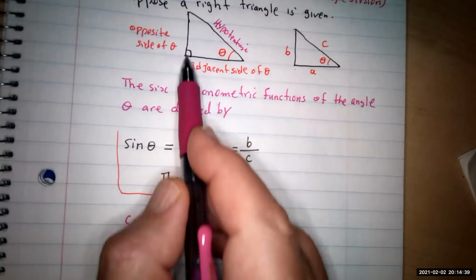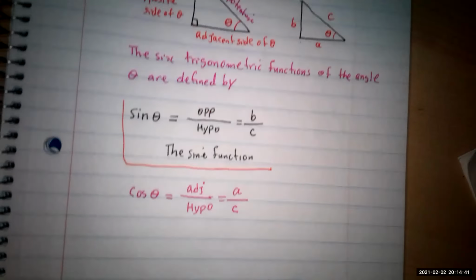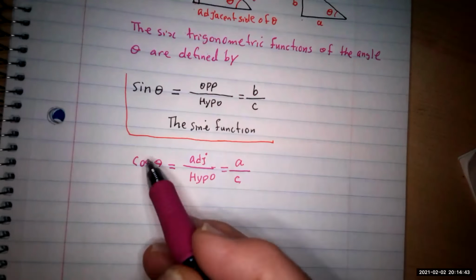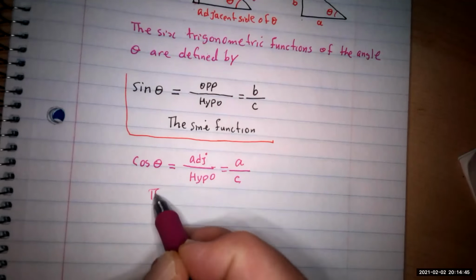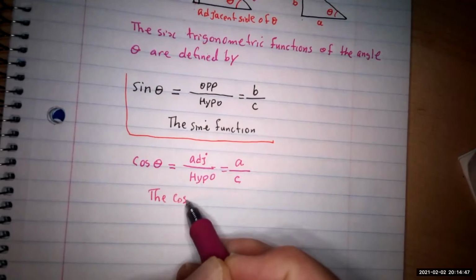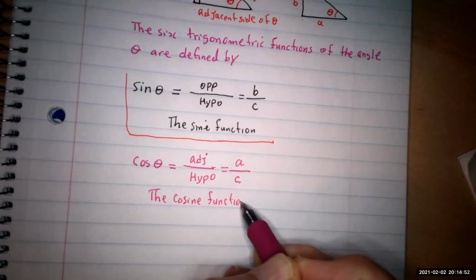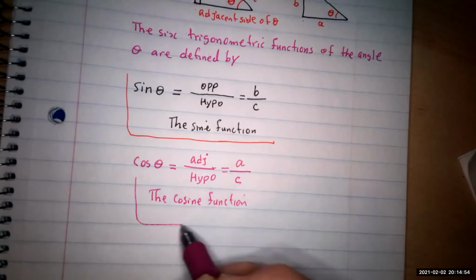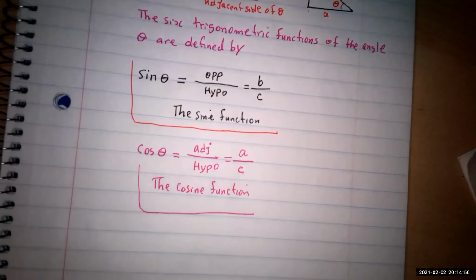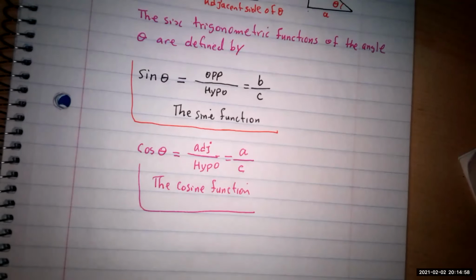The sine is the opposite over the hypotenuse. This is called the cosine function. Sine function, cosine function. Any question? We need one more.